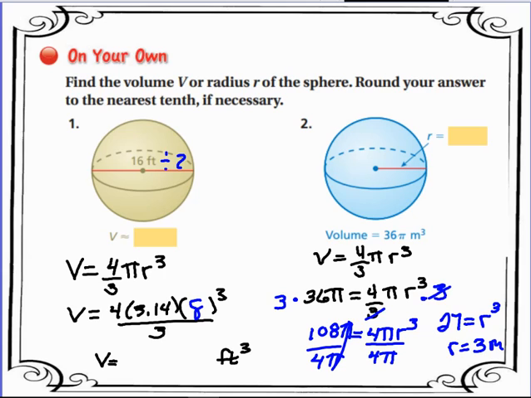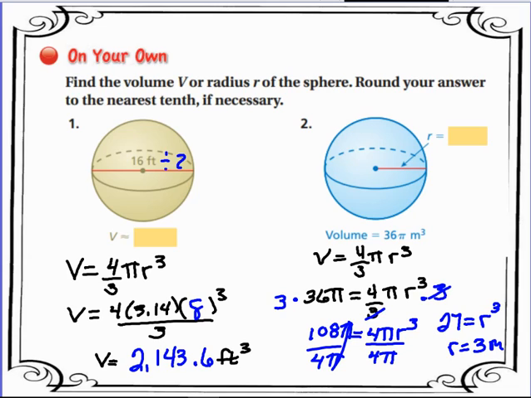So we go in here and we say 4 times 3.14 times 8 cubed divided by 3 is, here's a better number, 2,143.57, so we round it up to 2,143.6.